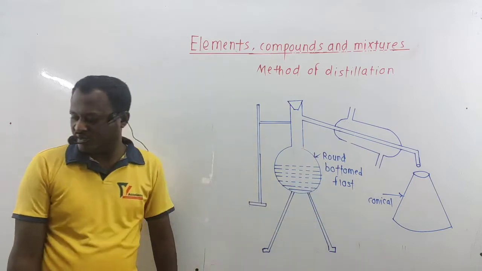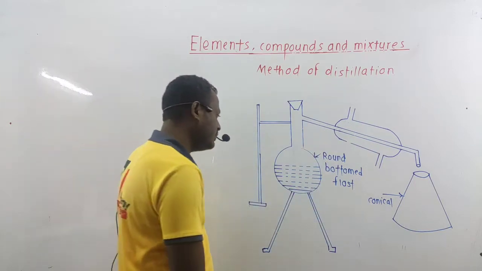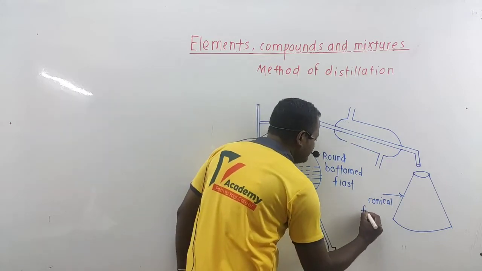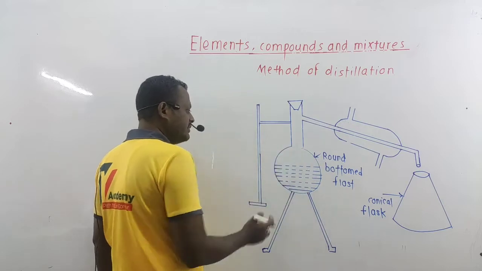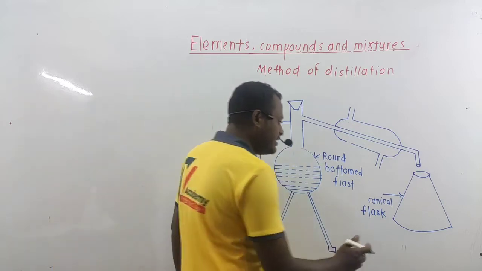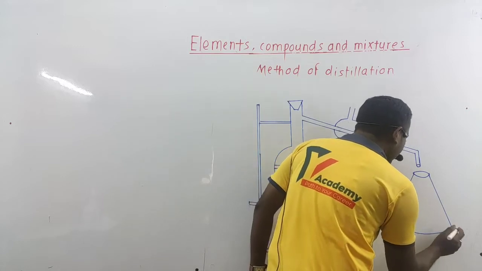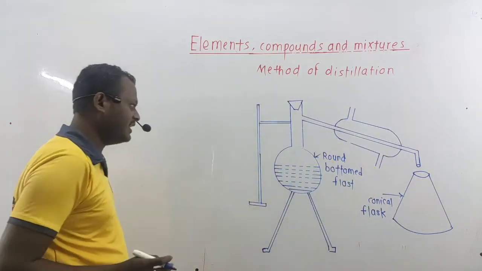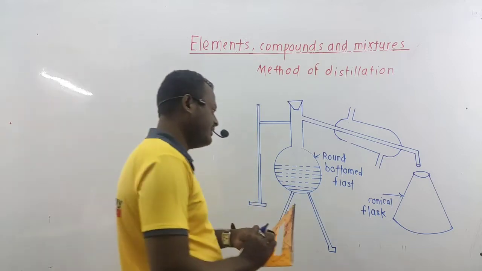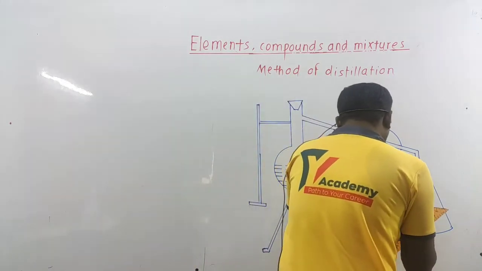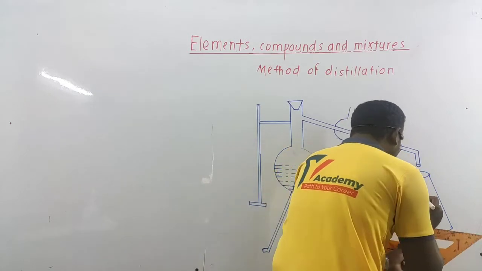That is why it is called a conical flask, and this is in the round shape. That is why it is called a round flask. So according to the shape, the names are there. Pure water is collected finally in the conical flask.